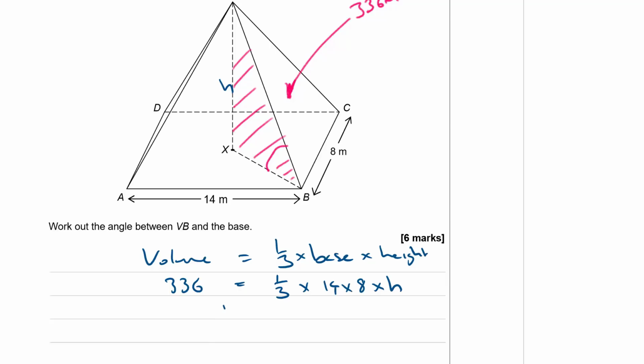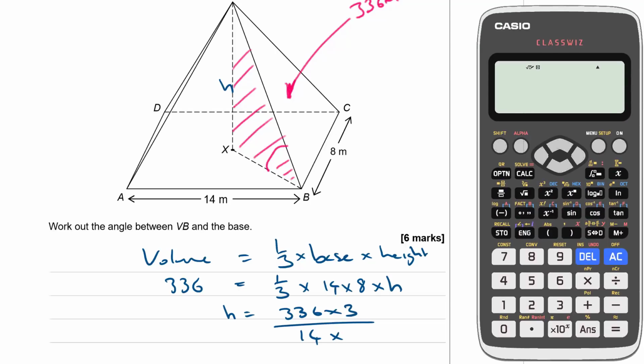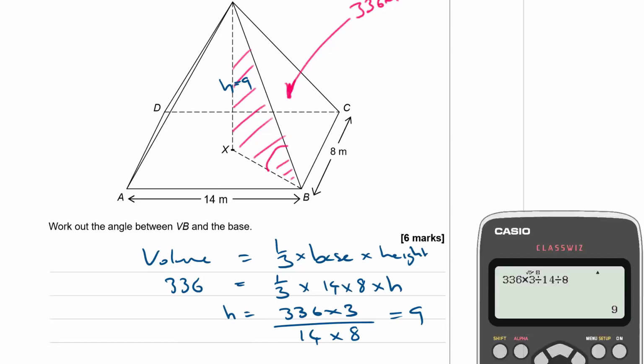So then h is going to be 336 times 3 divided by 14 and 8. Typing that into my calculator, 336 times 3 divided by 14 divided by 8 is 9. So my pyramid has a height of 9.